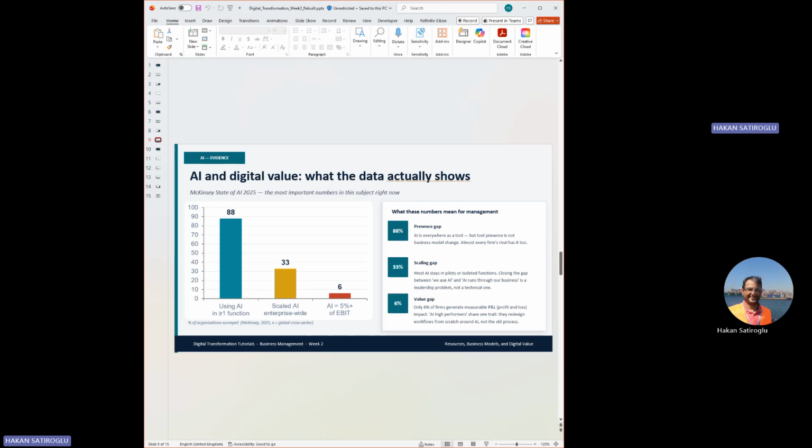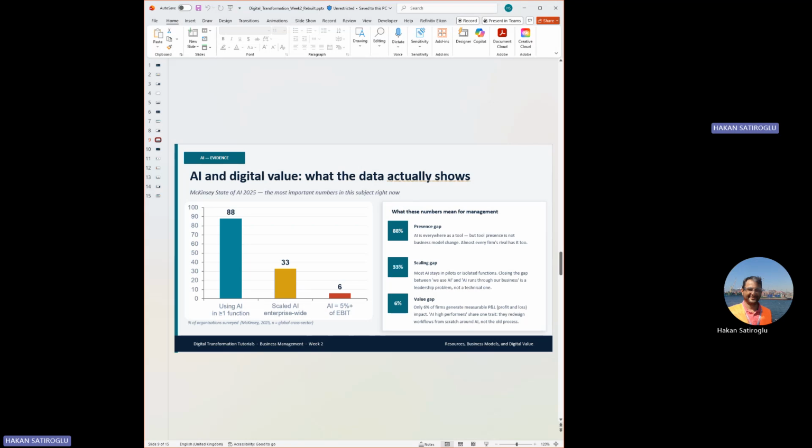AI is widespread, but most firms are still stuck somewhere between experimentation, piloting, and real business transformation.